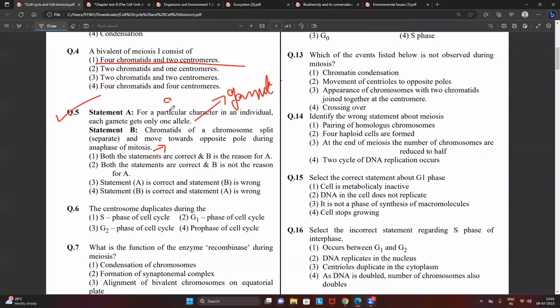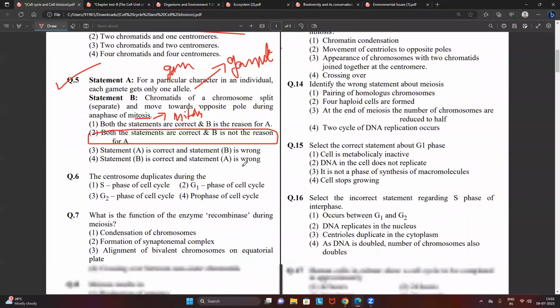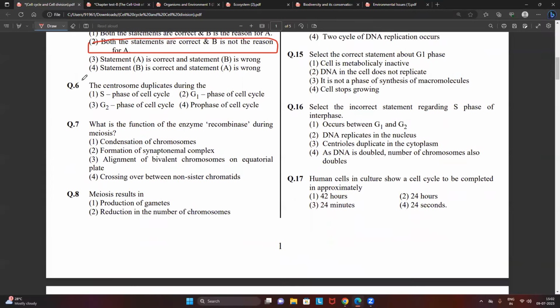So this is gametogenesis and this is mitosis. Both statements are true, but you can't compare mitosis with gametogenesis. Hence the correct answer is option B: both statements are correct and B is not the reason for A. Good. Question number 6.